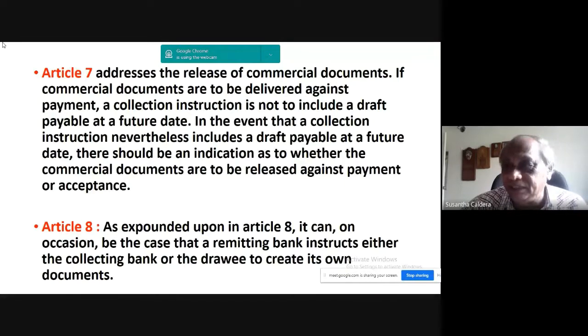I can remember when I took over trade operations of HSBC Dubai, there was one customer, one of my customers, whose outstanding items, if I'm correct, were more than 400 or 500 collection bills.